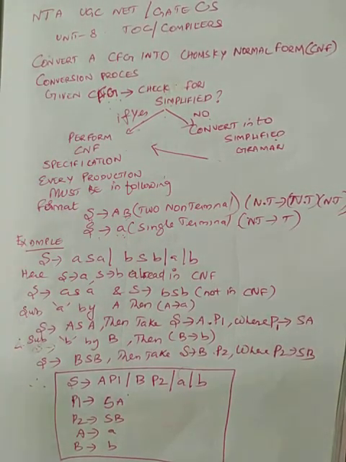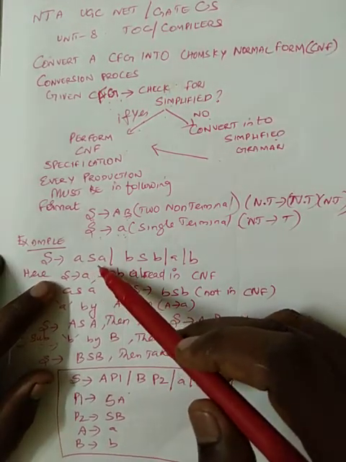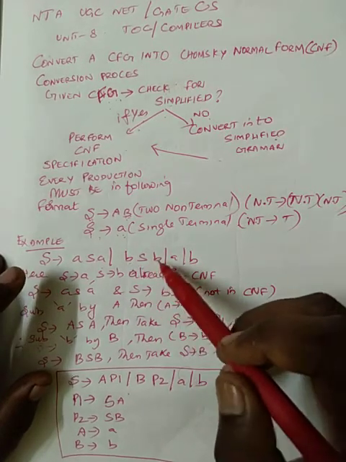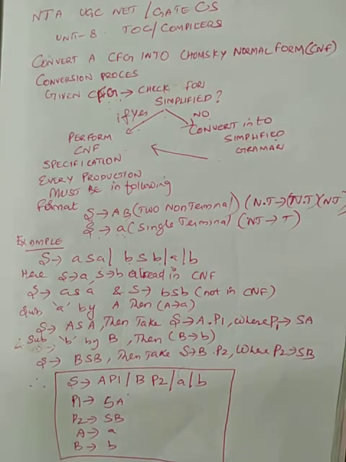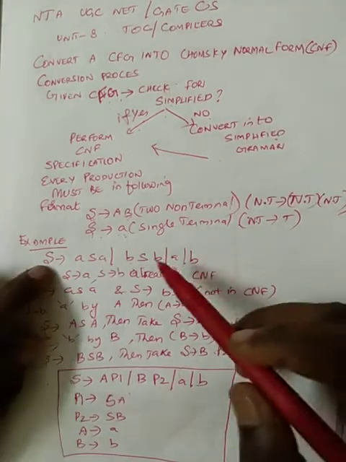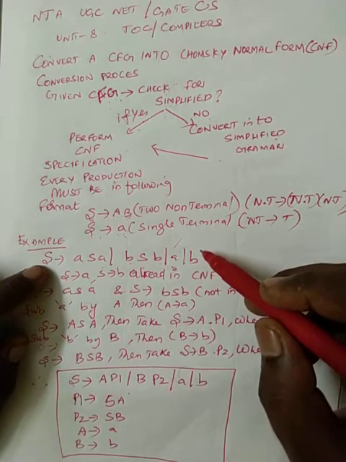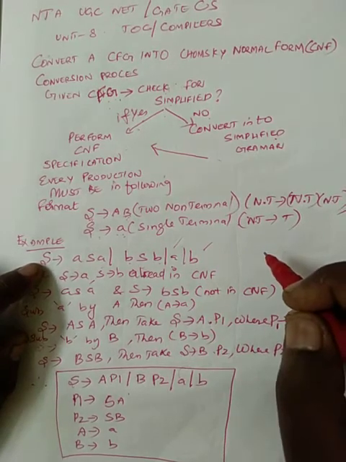For example, take S tends to small a, or small a, capital S, small a, or small b, capital S, small b, or A or B. Here, S tends to small a is already in Chomsky normal form. S tends to B is already in Chomsky normal form.